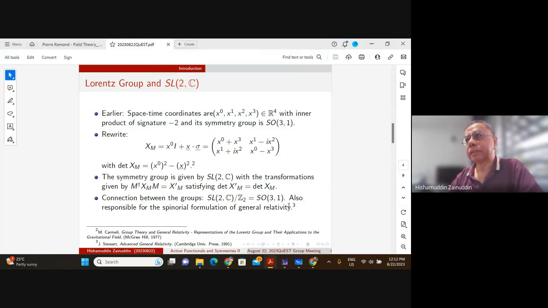You talk about the center of the group, and the center of the group is given by plus I and minus I, which is actually represented by this Z2 here. So if you mod this out, then you get your SO(3,1) back.